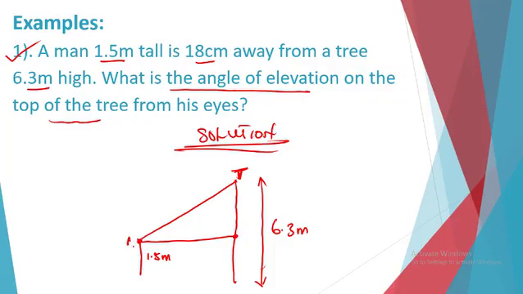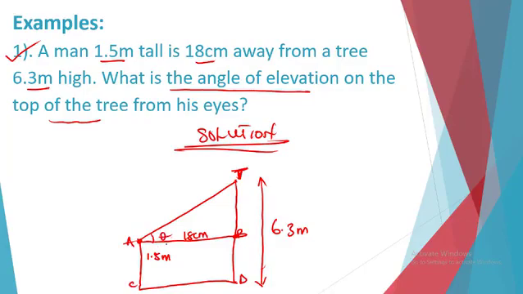Let's call it A, B. Then let us join this and title it C, D. Remember these two sides are equal, and AB and CD are also equal. Now this is the angle that is formed, and we are to find this angle.